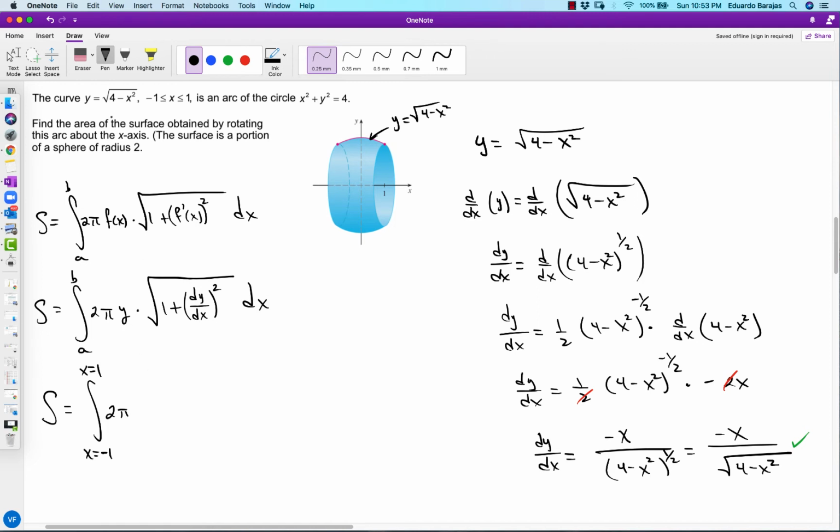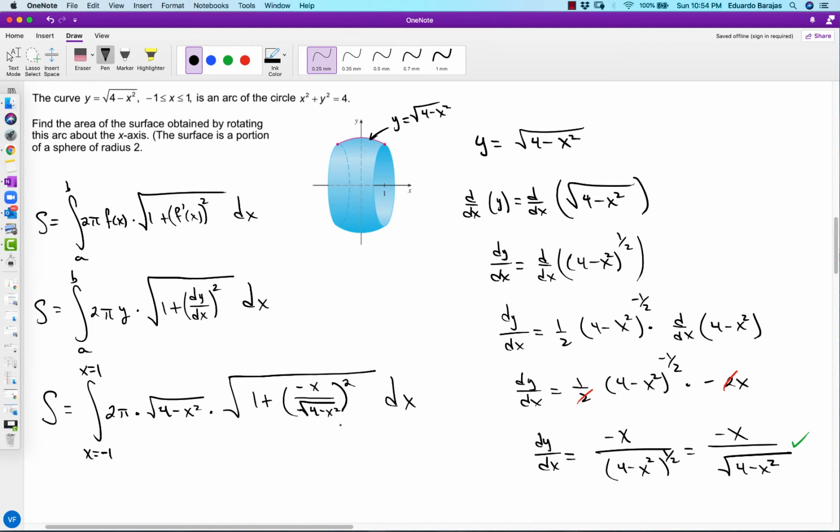And then y, well, that's this guy right here, so it'll be times the square root of 4 minus x squared, times the square root of 1 plus the derivative squared. And that derivative is minus x over the square root of 4 minus x squared, and that whole thing gets squared. That's our integral that we need to simplify.